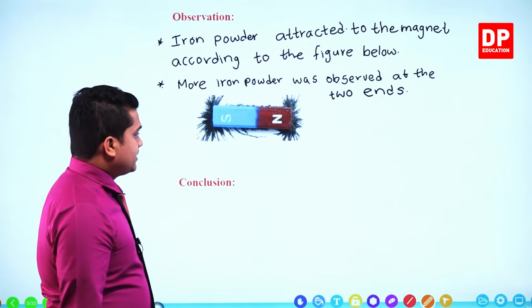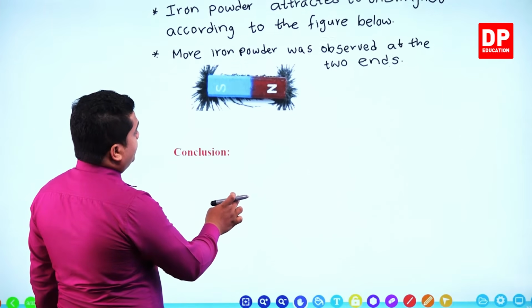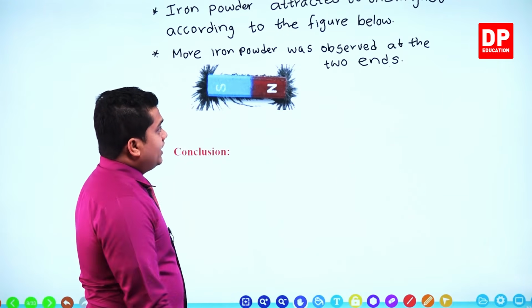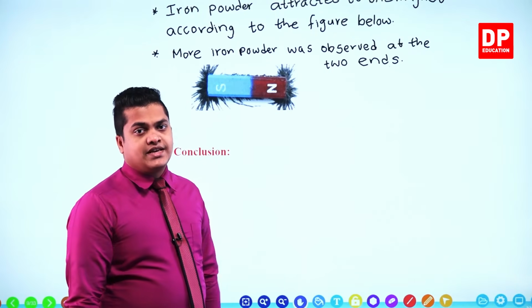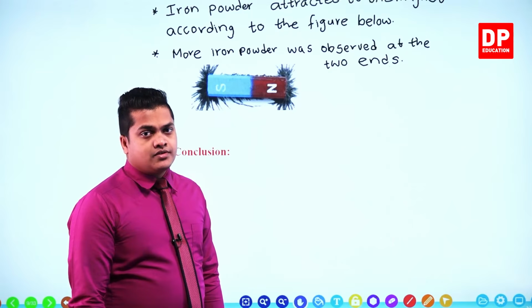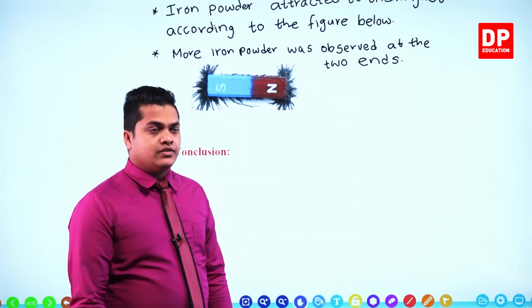So we can write as the conclusion: that's why more iron powder is attracted at the two ends. It's because the two ends have the most magnetic power, right?